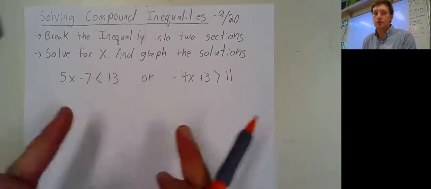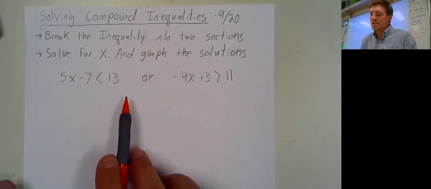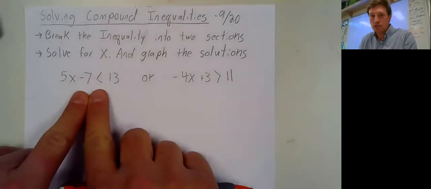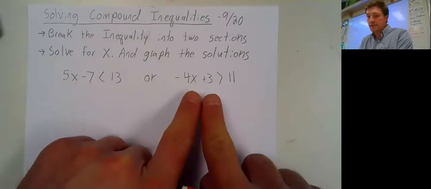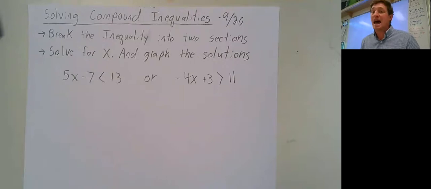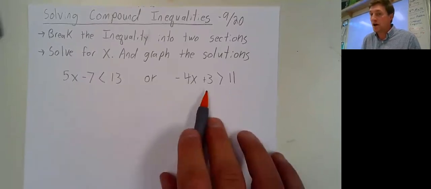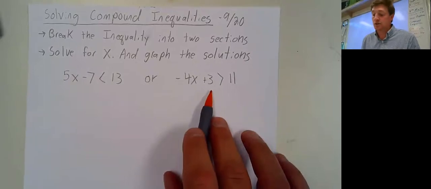They're already in two sections. So this is saying a value for x will work as long as it satisfies this situation or this situation. But these are kind of complicated. So we're going to use SAD-MEG and solve for x to get more specific as to what the value of x needs to be in this situation and in this situation.